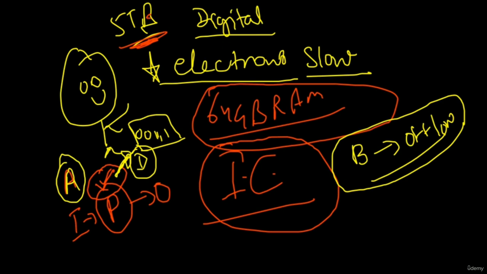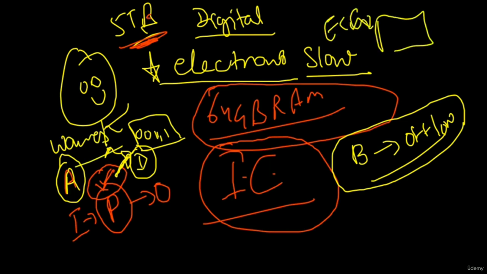But in the analog, it actually works on the waves. As I showed you the image of the ECG machine that records our heartbeat, that's actually the real-time data based upon the waves.